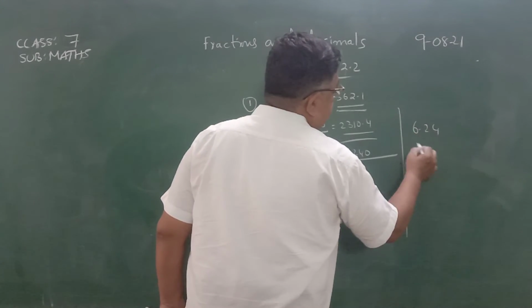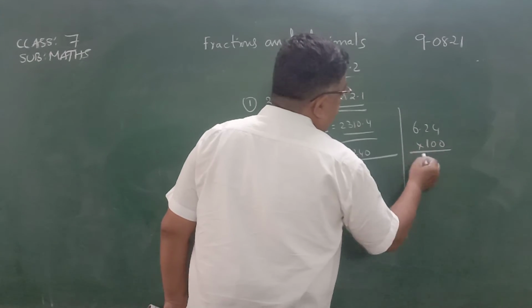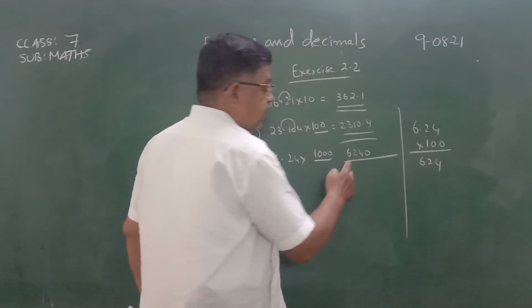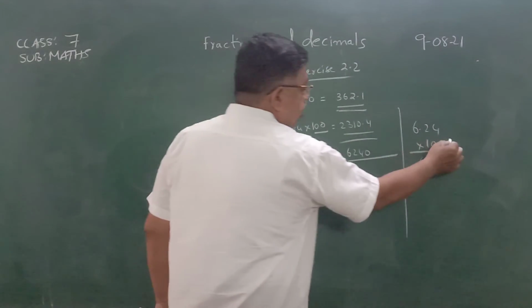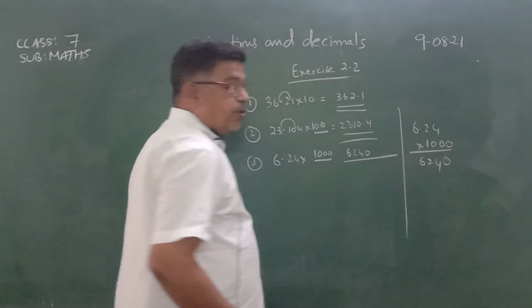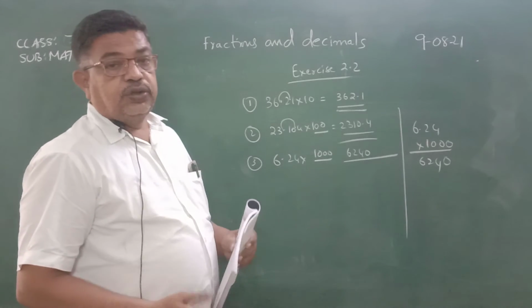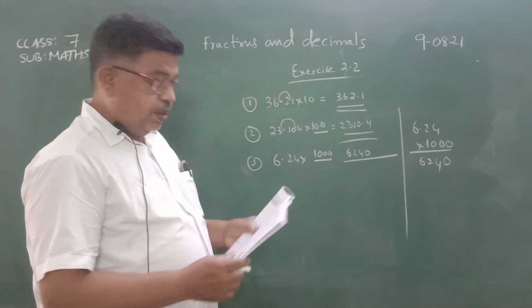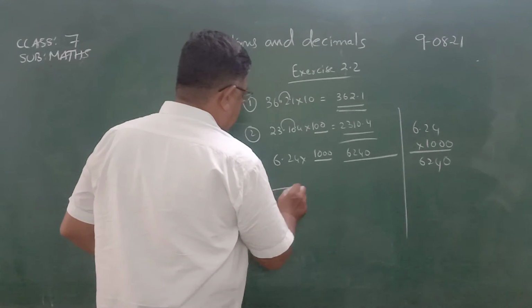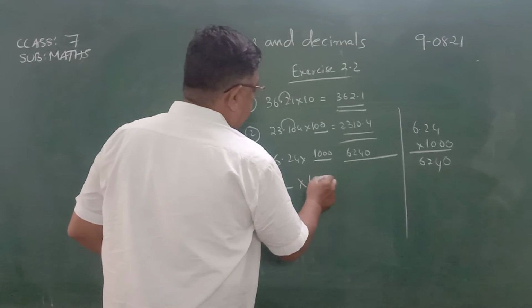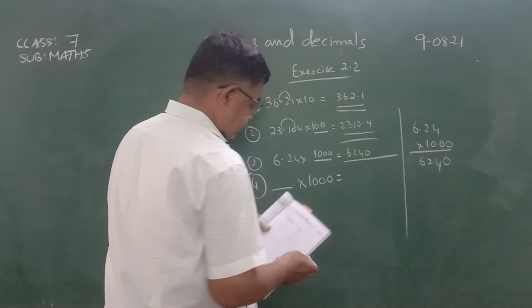Suppose you multiply 6.24 with 100, you get only 624, but you have to get 6240. It means you have to multiply it with 1000. Now the point moves 3 places. So you get 6240.